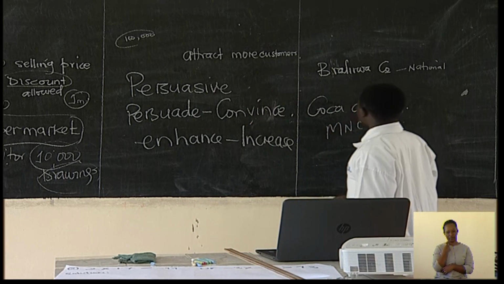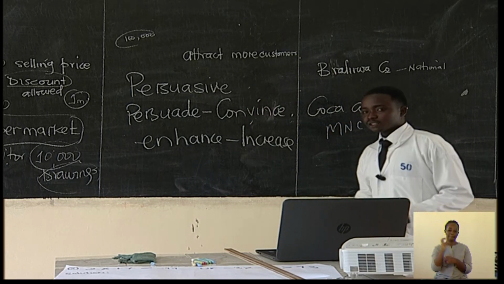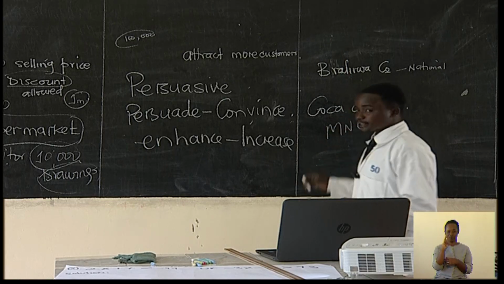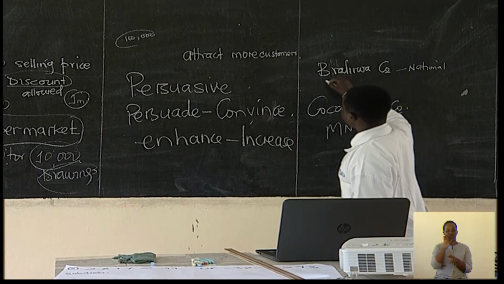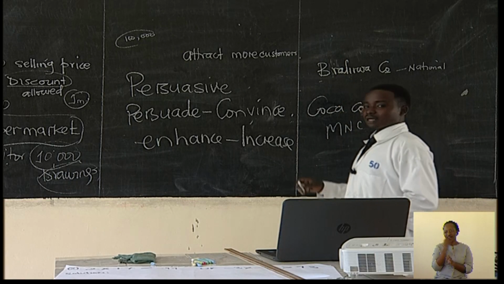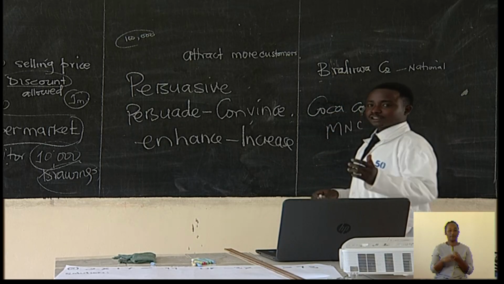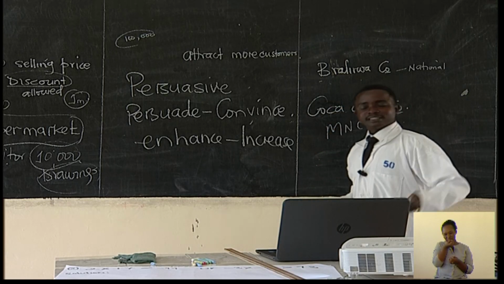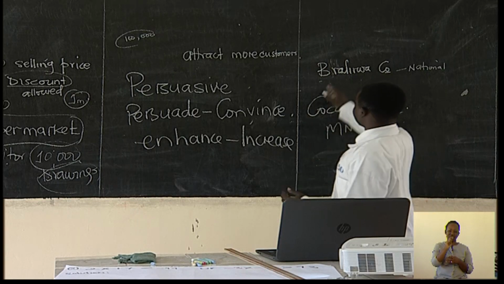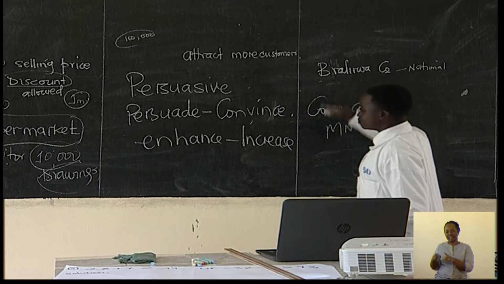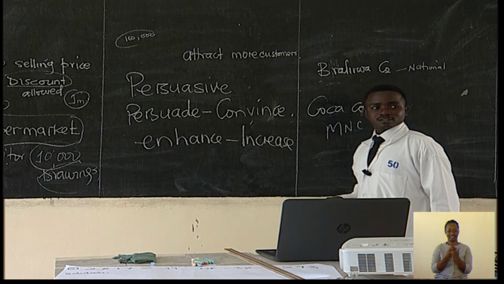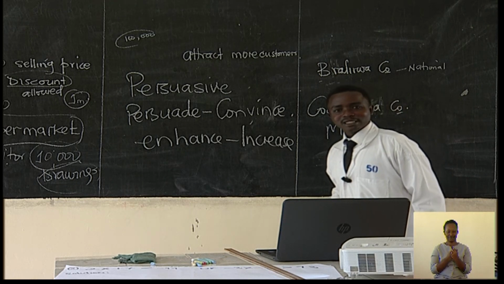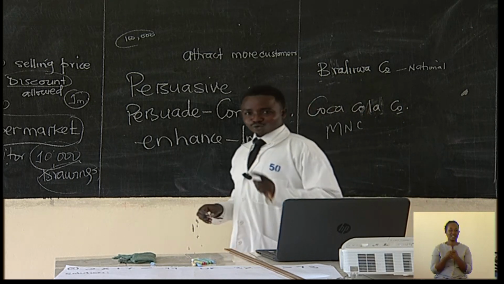Now, this company makes soft drinks or Fanta, soda. We have like Orange, we have Coca, we have Citro, we have Sprite, we have different brands that it makes. So those brand names are for Coca-Cola.